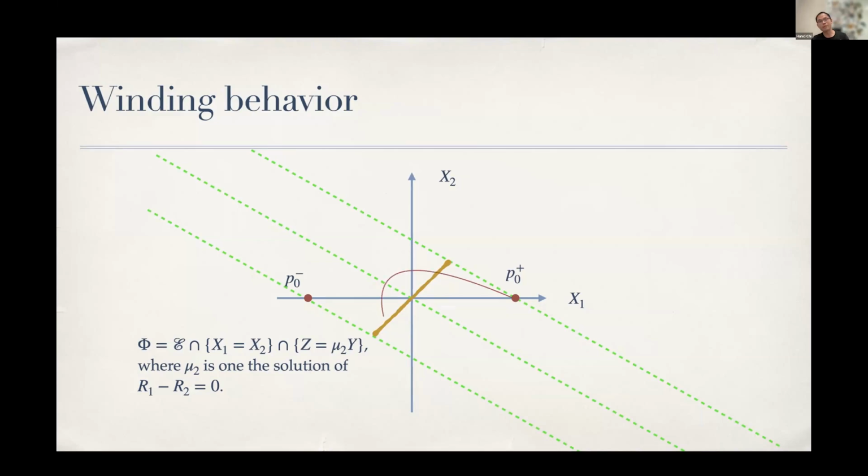And notice that our dynamical system is symmetric with respect to the sign of x1, x2. So whatever is happening for integral curves that come out from the P0 plus is pretty similar to whatever is happening near the critical point P0 minus.